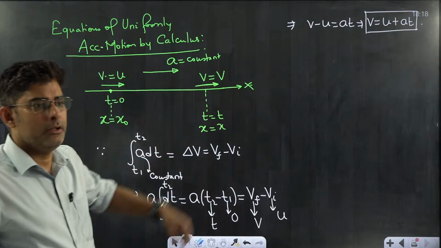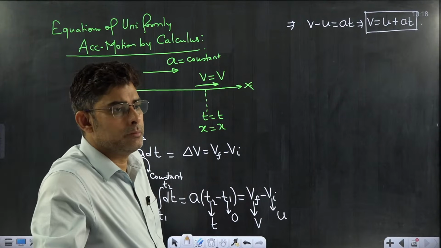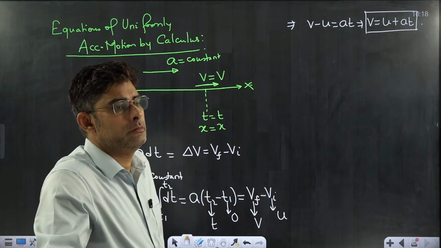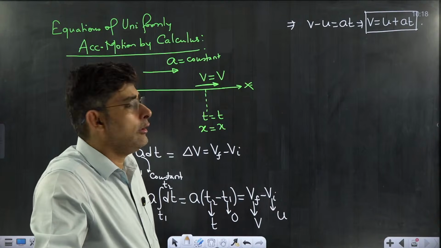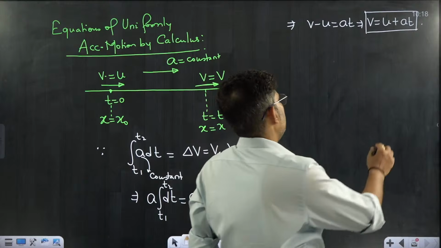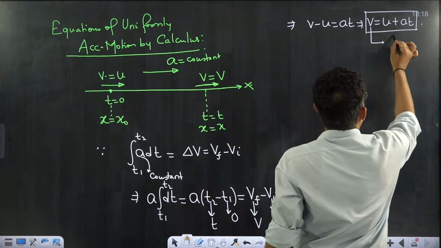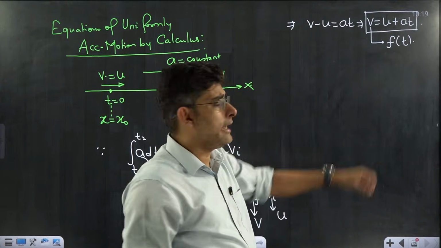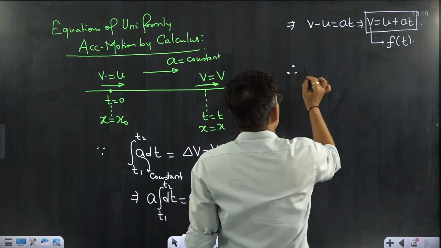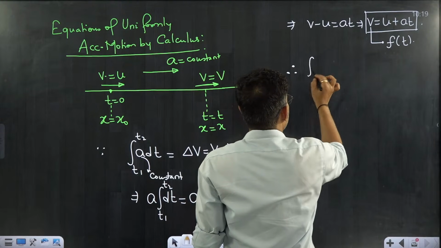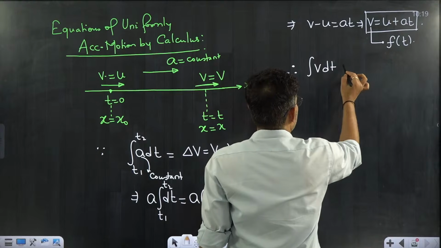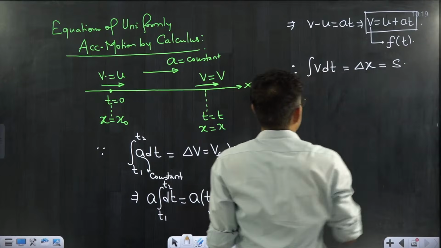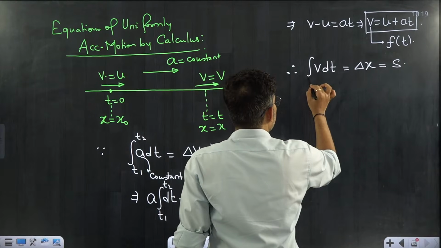Now here, v equals u plus at is nothing but a function of time. So velocity you can see is changing with time, it is a function of time. When v is a function of time, we saw that if I integrate velocity with respect to time, you get change in position, which is displacement, from t1 to t2.